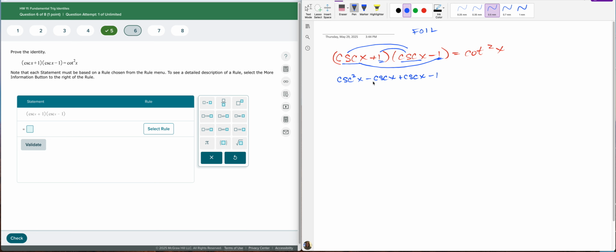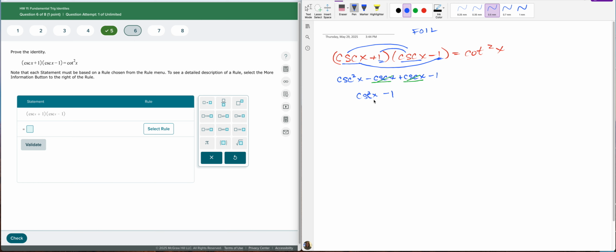Okay, so notice that I have negative cosecant and positive cosecant, so those two make 0. So I'm left with cosecant squared x minus 1. And now I want to think about those Pythagorean identities.